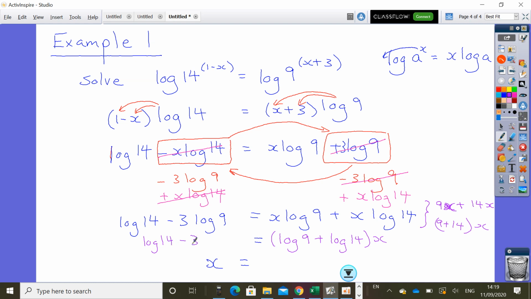Oh, sorry, I changed color pen, haven't I? So now I can get rid of this term, because if you think about it, imagine you have 2x. To get rid of the 2 is to divide by 2, because it's 2 times x. To get rid of this term is multiplying by x. So what I have to do is divide this side by itself.